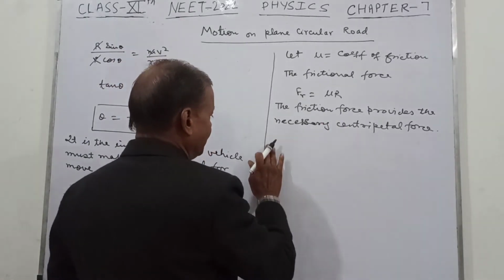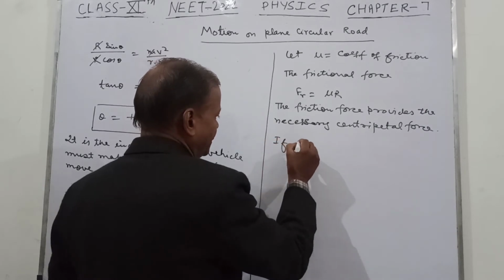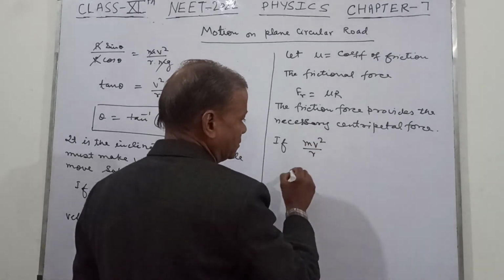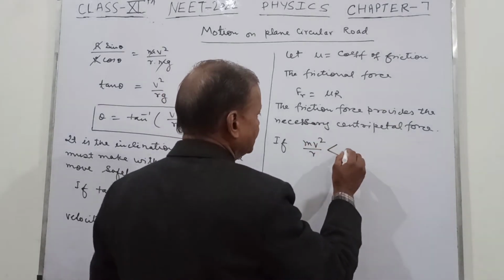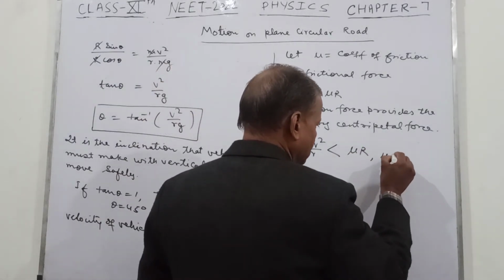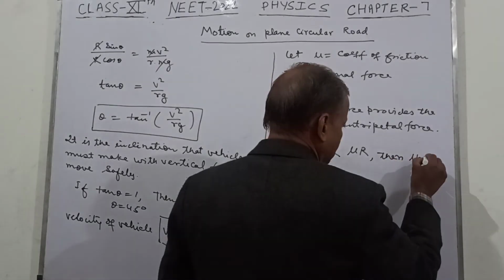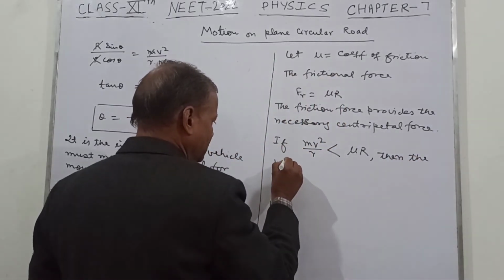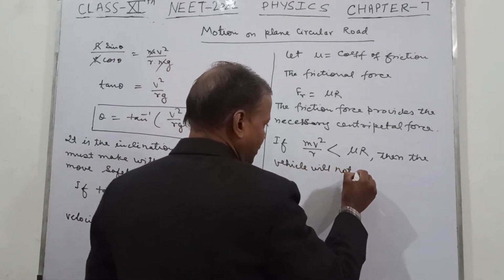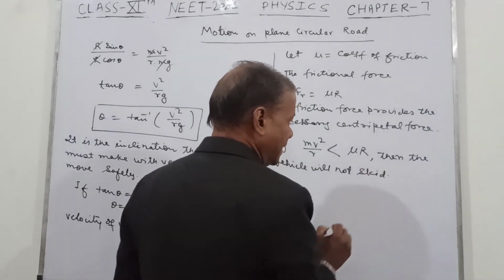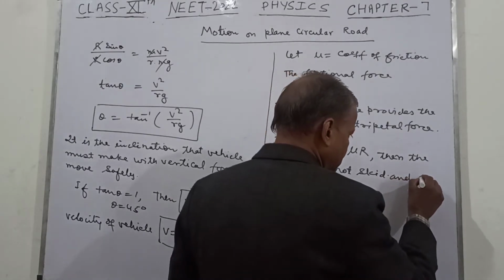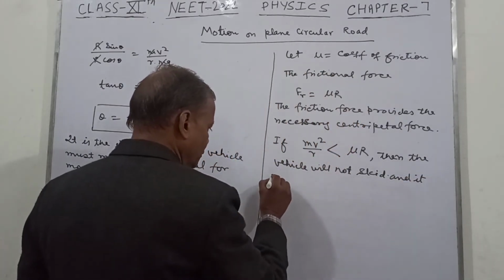So what we have is that if mv square upon r is less than mu R, then the vehicle will not escape and it will move safely.